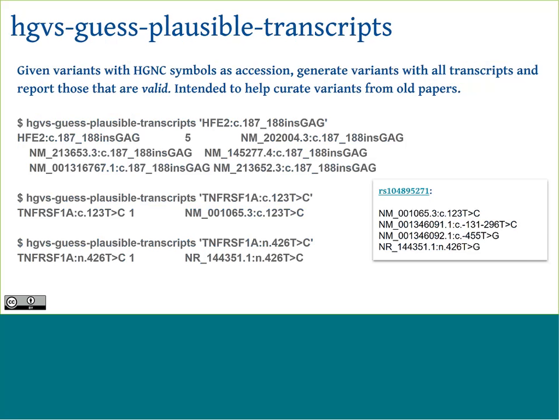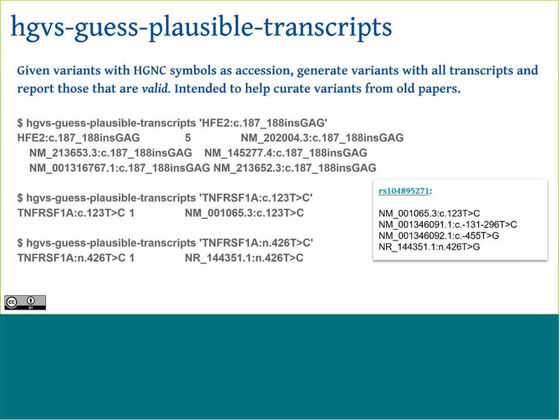So the first one is a variant in HFE that's specified with just a gene symbol. And what you see on that next single line that I've wrapped into 3 lines is that for the original input, there are 5 plausible variants, each filled in with the transcript that is a valid transcript given that variant.